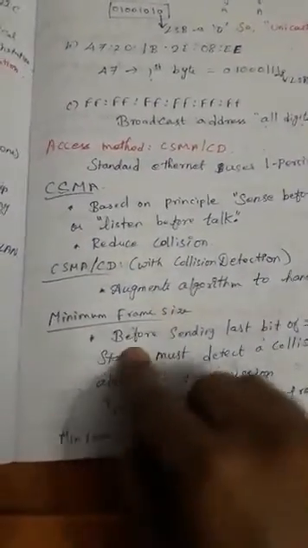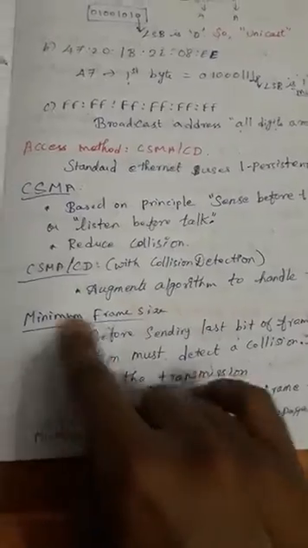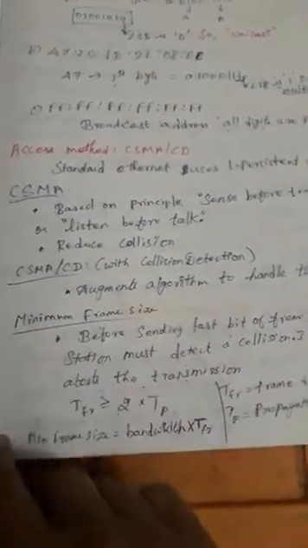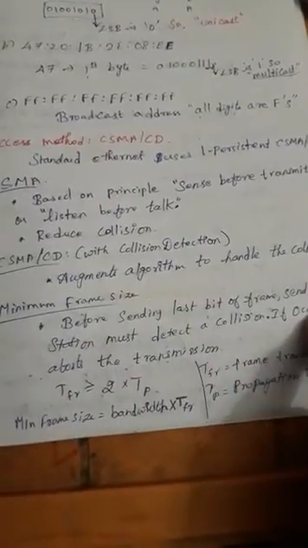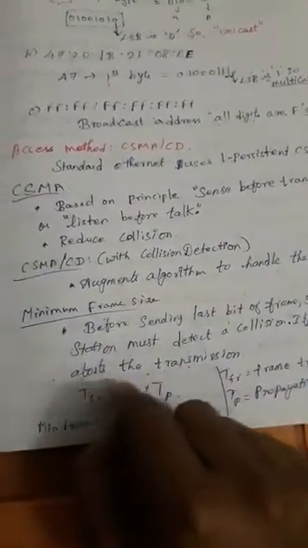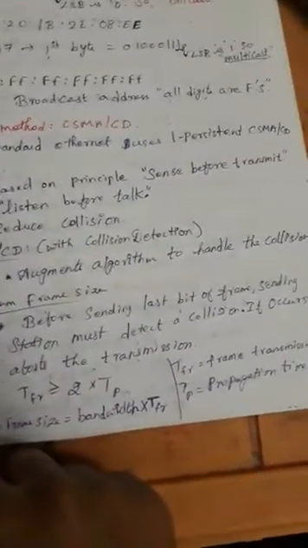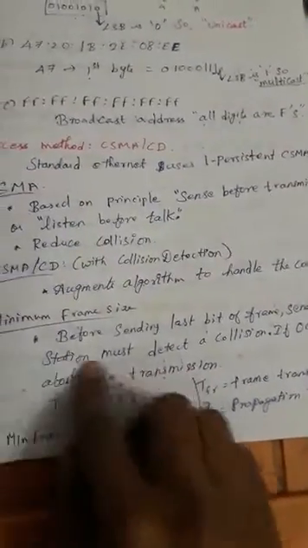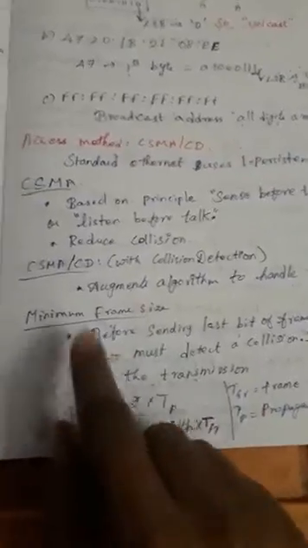Minimum frame size: before sending the last bit of the frame, the sending station must detect a collision. If a collision occurs, then the transmission will get delayed.